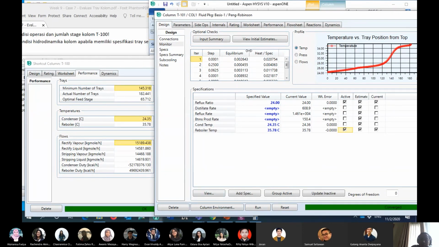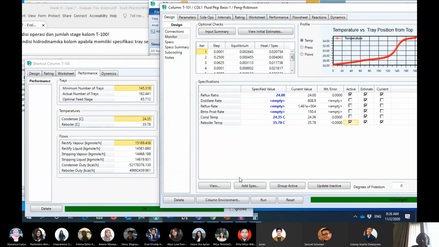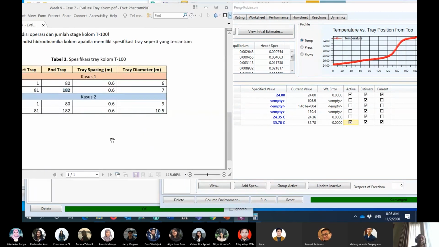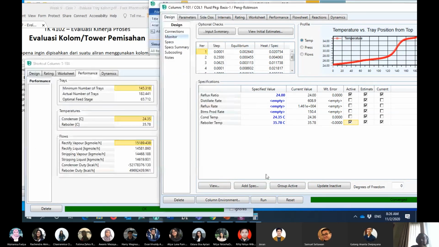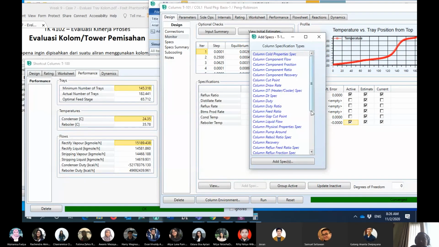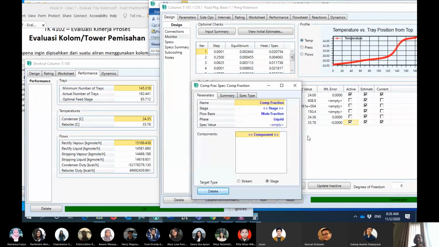Okay, I have the definition in terms of the specification. Okay, for example, in this one, the propane purity should be 99.9. So I will add spec in here. Okay, I will try to find the column component fraction.